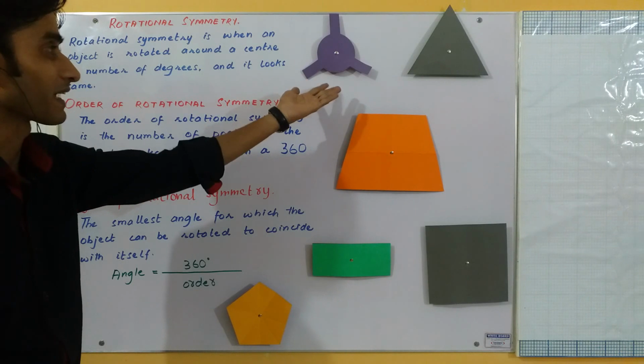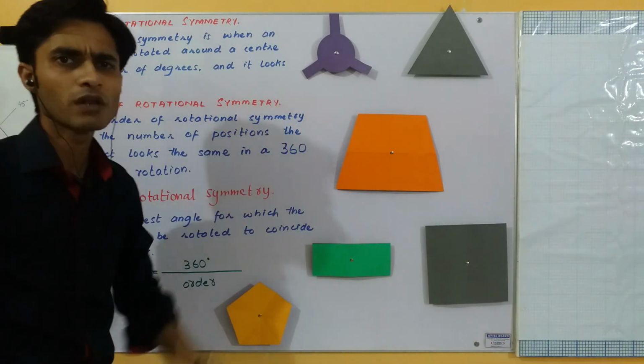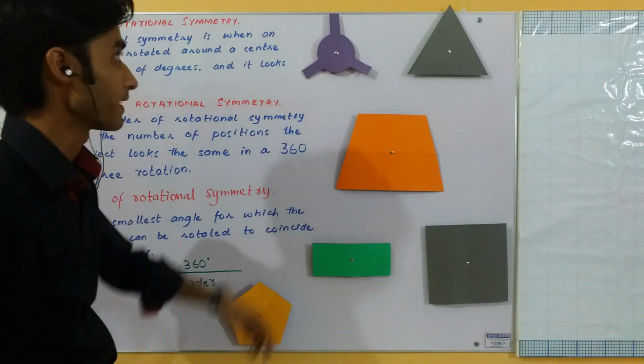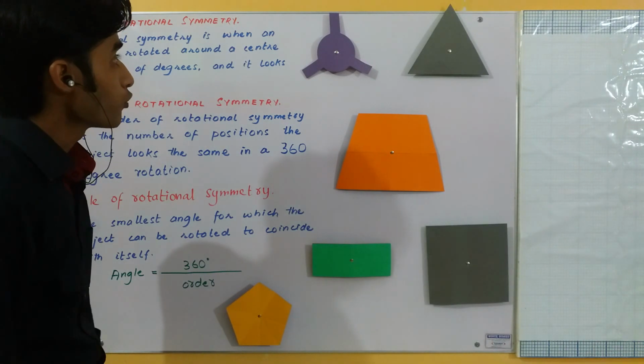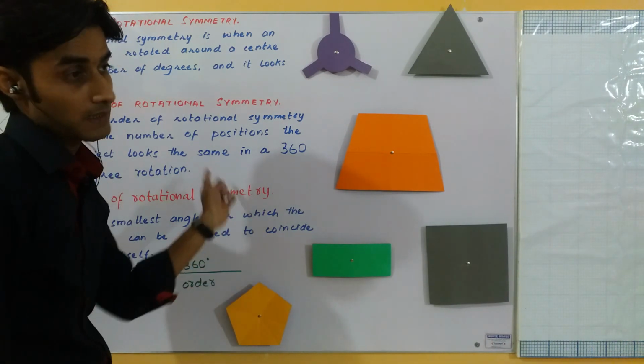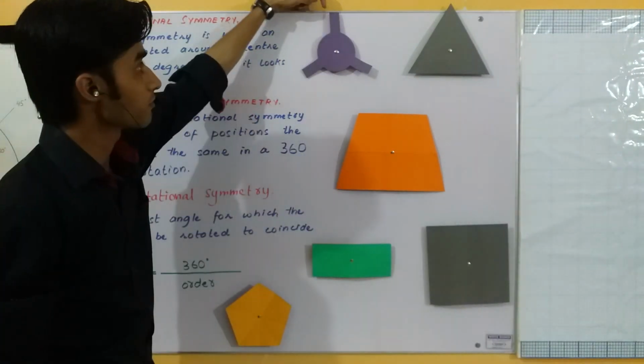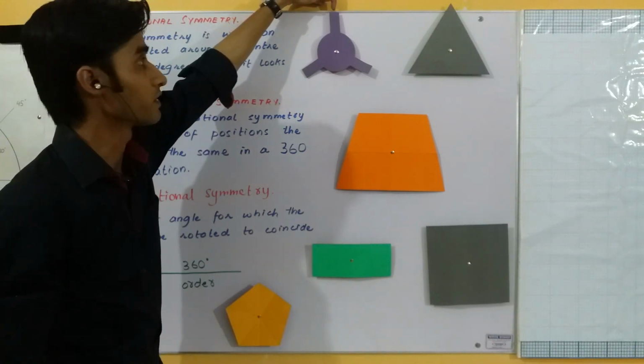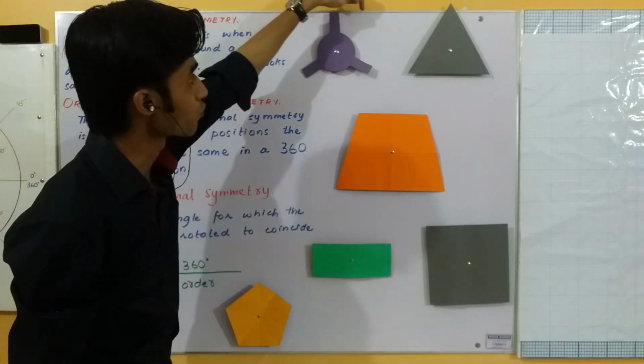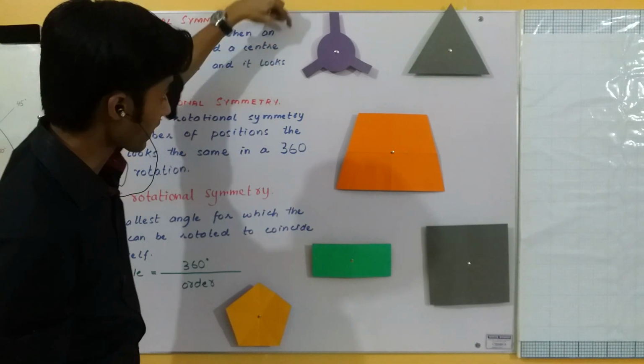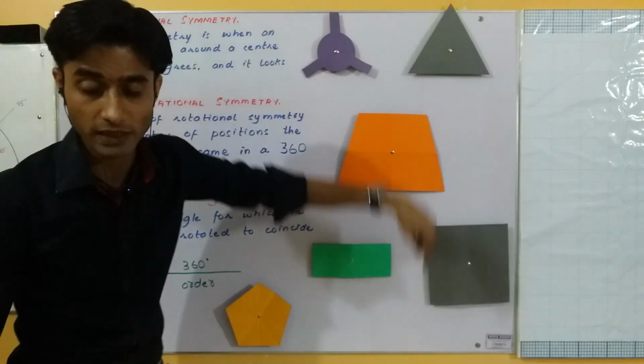For instance, this might look like a normal ceiling fan. I want to rotate it completely. For instance, this is where the top of this shape is. I am going to rotate it and make sure that it comes back to this position.